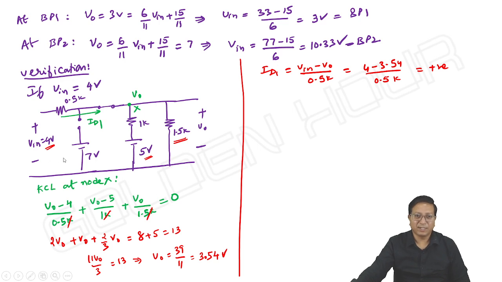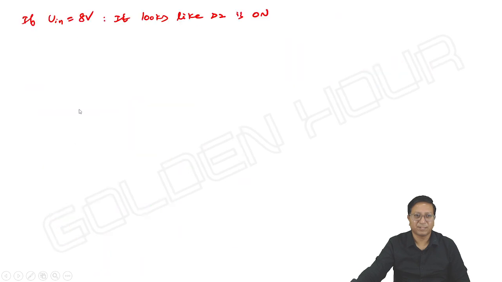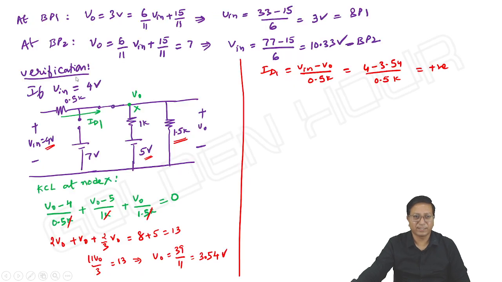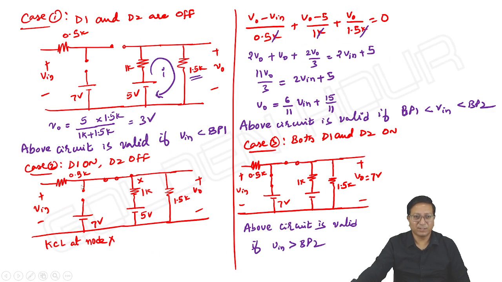For that particular value of V input, you can calculate the voltage at this point. That is another way. So verification means, if V input is in between breakpoint 1 and breakpoint 2, meaning 3 volts and 10.33, this is a valid circuit. If so, what is the output you can take?